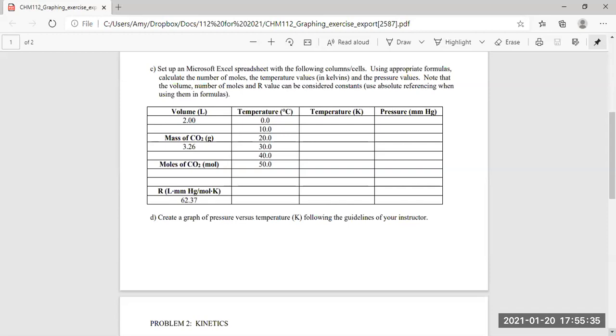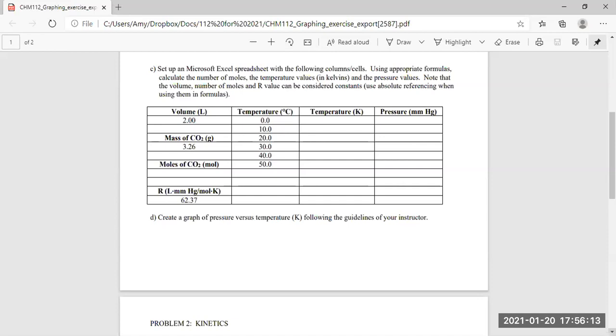The pressure is something you are going to be calculating, but you're going to be using the unit of millimeters mercury, which means you need a different R value than we typically used in first semester. First semester, when we did PV equals nRT, we used 0.0821 as our R value because it was based on atmospheres. This time around, we want to do it in millimeters mercury. So different R value, 62.37.